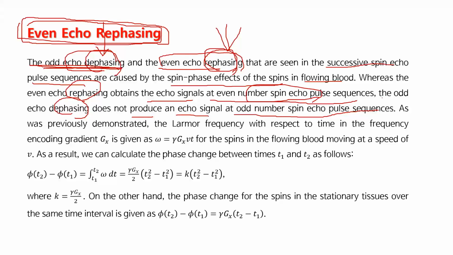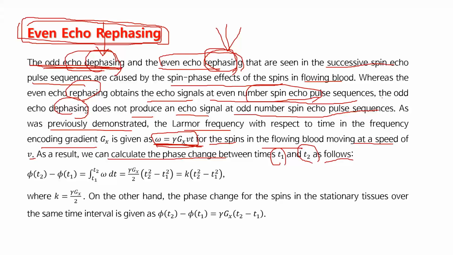As was previously demonstrated, the Larmor frequency with respect to time and the frequency encoding gradient Gx is given by omega equals gamma Gx vt for the spins in the flowing blood moving at the speed of v. As a result, we can calculate the phase change between times t1 and t2 using this angular velocity.